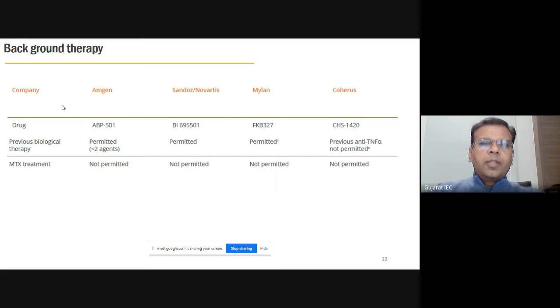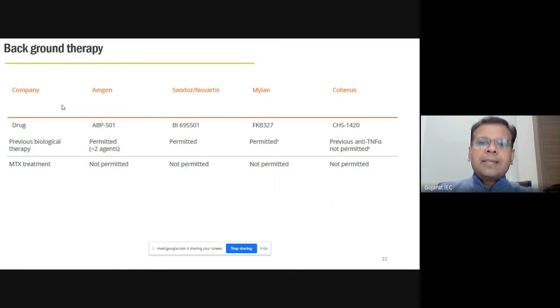So if we come to the same example which we were seeing on adalimumab, what happens is, let's say there are various companies in the market developing this drug, and I'm just trying to summarize all the studies which they have conducted.